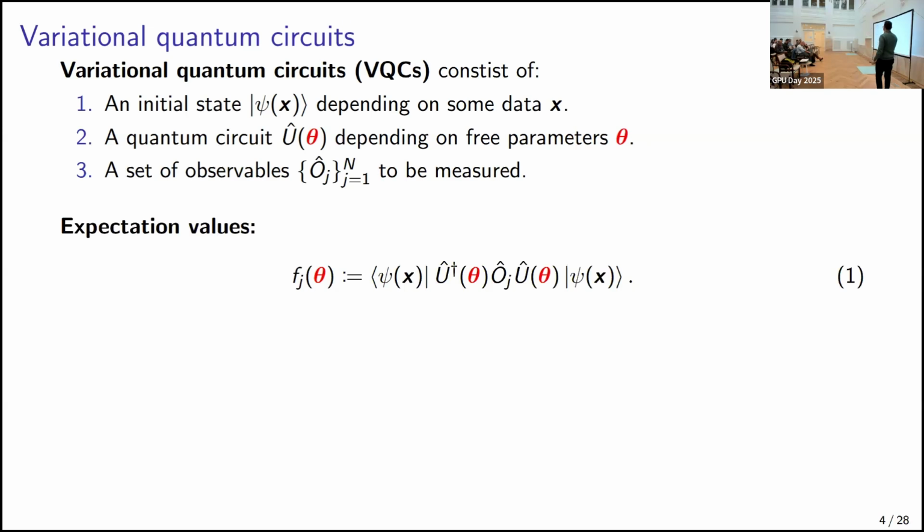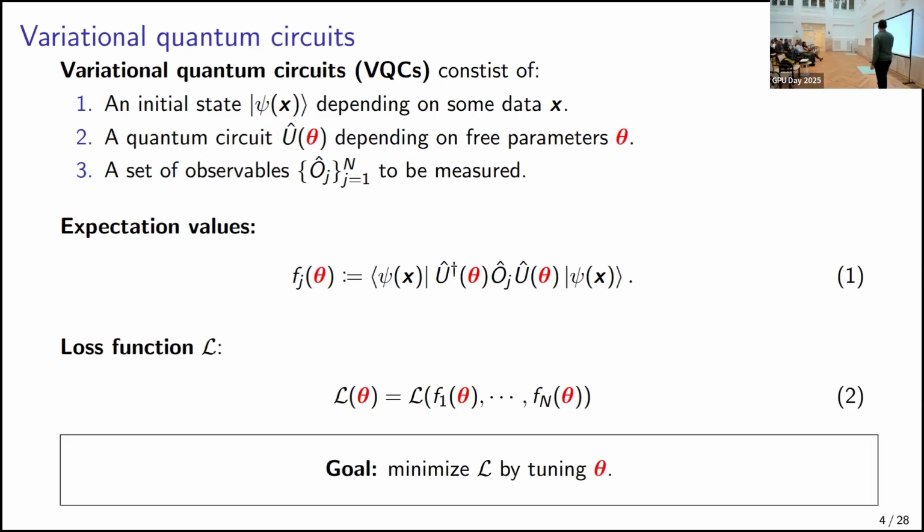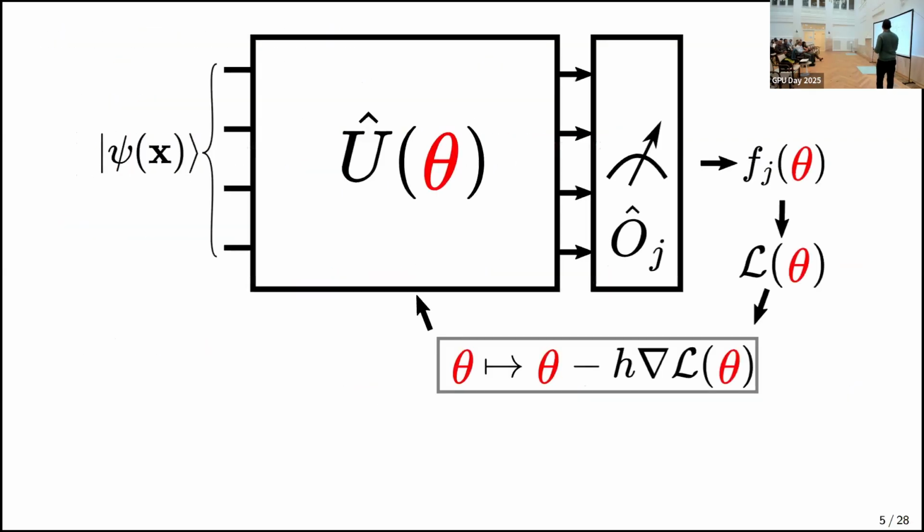And we calculate or estimate at least the expectation values of these observables. And from the observables, generally we calculate a loss function, and the goal usually is to minimize the loss function by tuning the theta free parameters somehow, usually by gradient-based methods, but you can also use gradient-free methods.